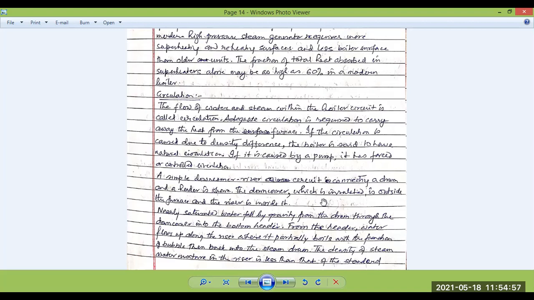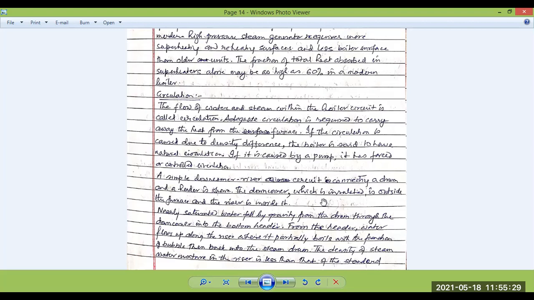Saturated water falls by gravity from the drum through the downcomer into the bottom header.